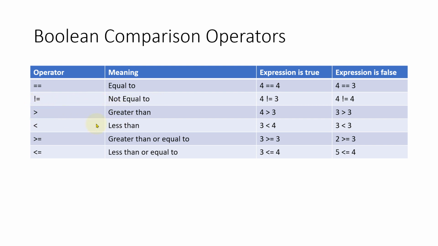We have the greater than sign, less than sign, greater than or equal means greater than or equal to, less than or equal means less than or equal to. And then on the right-hand side of this chart, I have this column that says expression is true, and this just shows examples of expressions using the operator on that row that would cause a true value. And the last column is examples of expressions using the operator that would result in a false value.